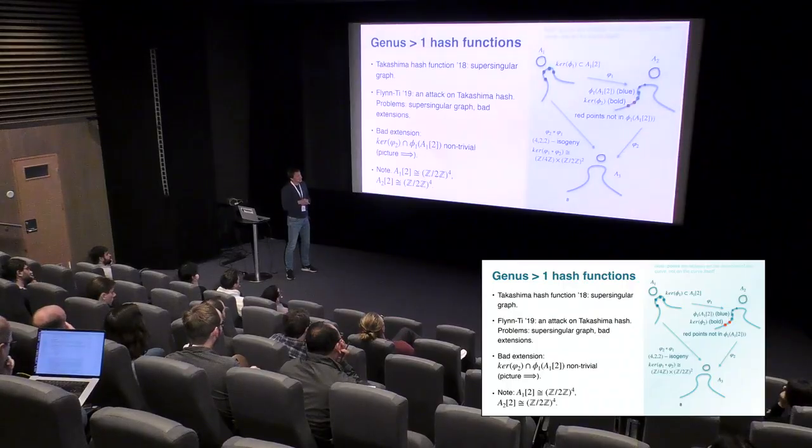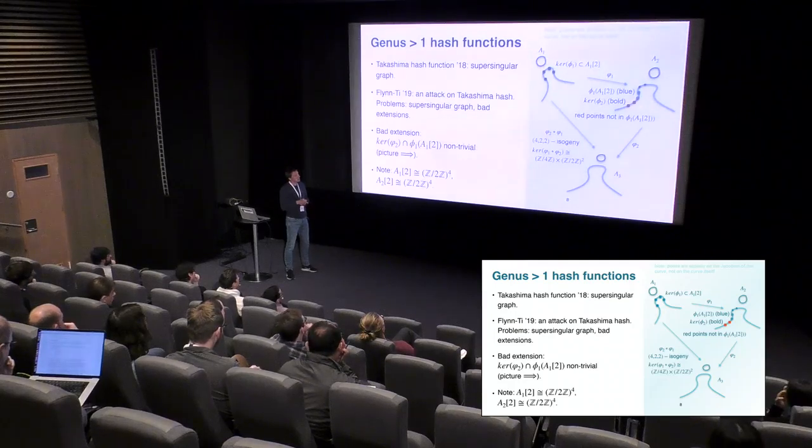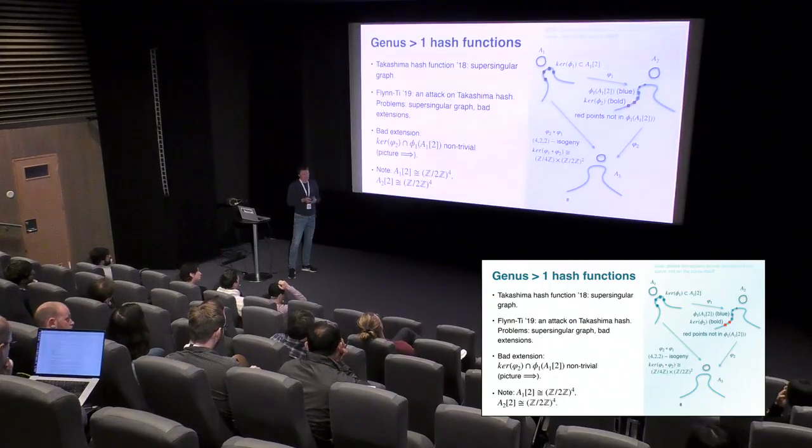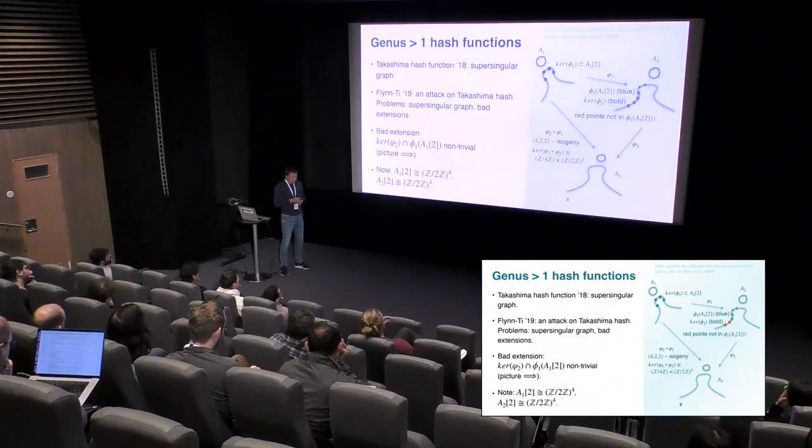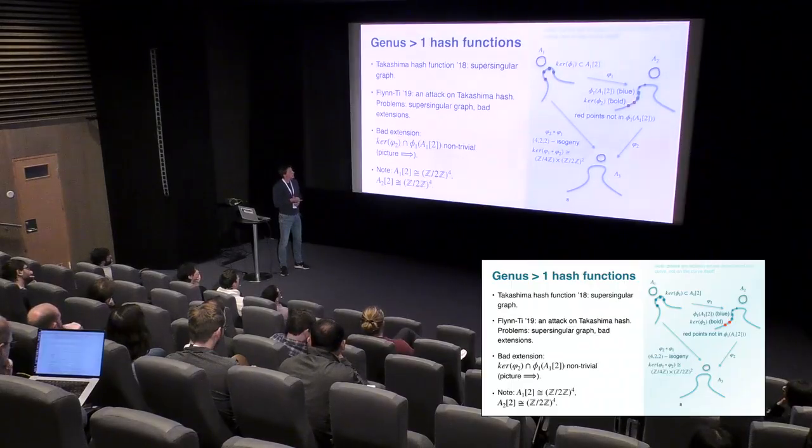But when you are then choosing the kernel of this phi2 isogeny, if you choose the kernel in a way that this group intersects non-trivially with the image of this torsion group, then this is something that is called bad extension, and it can cause these problems. And actually, Flynn and Ti found an attack on the Takashima hash function because of this.